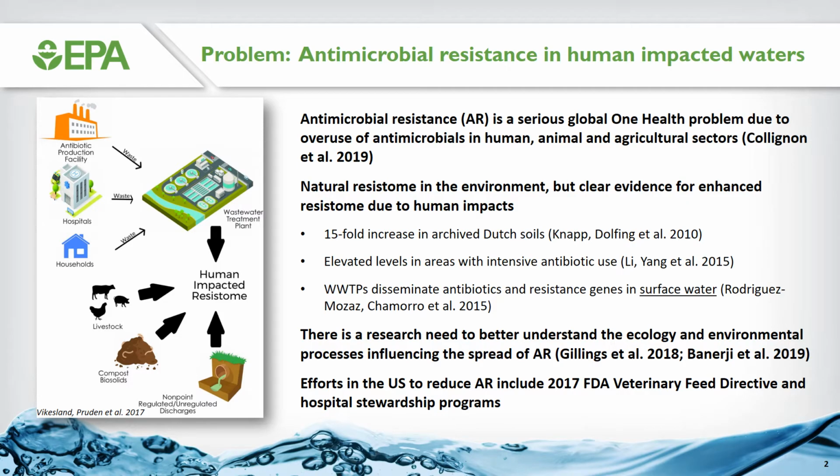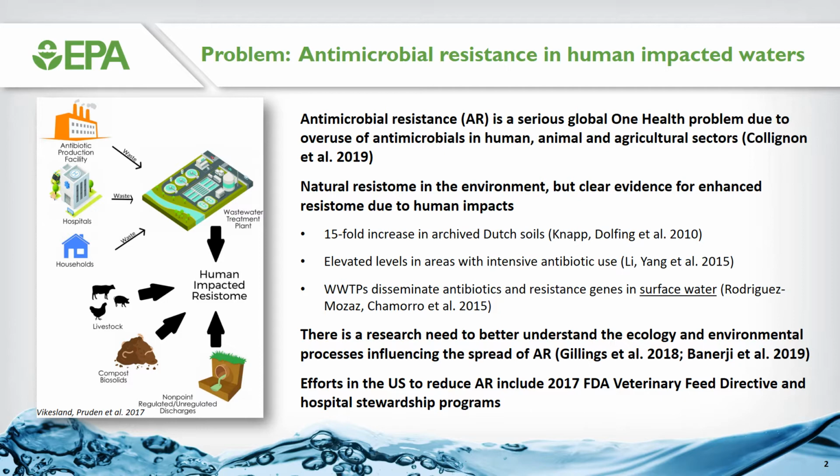Antimicrobial resistance, or AR, is a serious global One Health problem due to the overuse of antimicrobials in human, animal, and agricultural sectors. AR is naturally occurring in the environment and it is important to establish background levels to distinguish it from AR due to point and non-point discharges as described in the graphic on this slide.